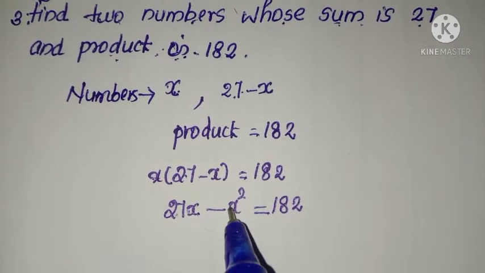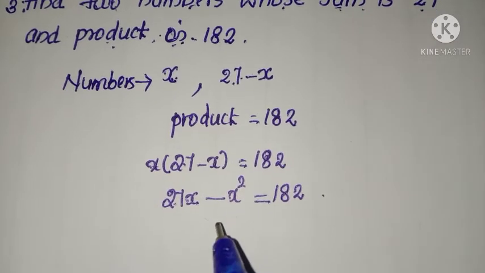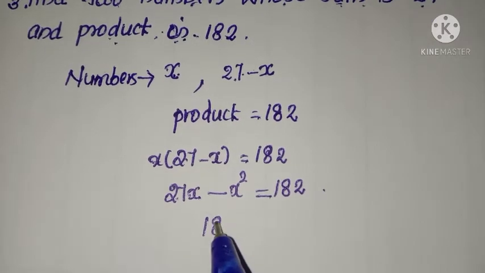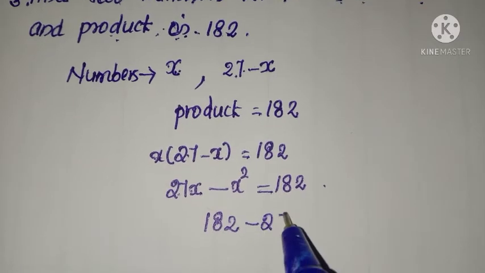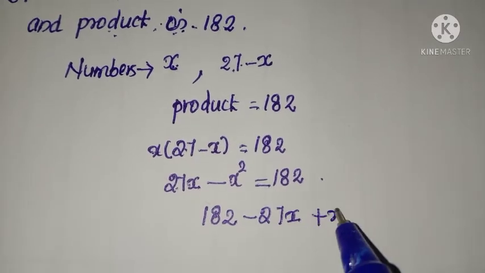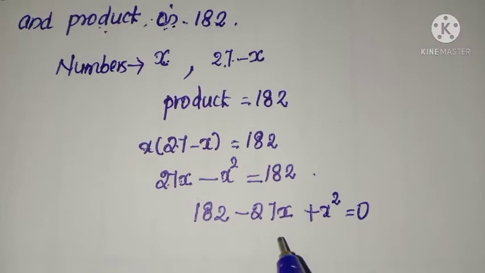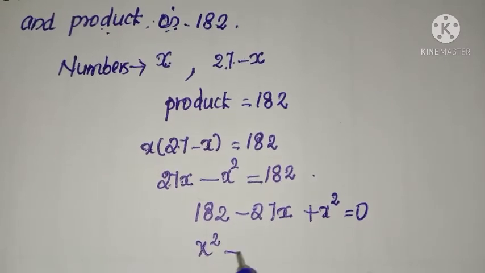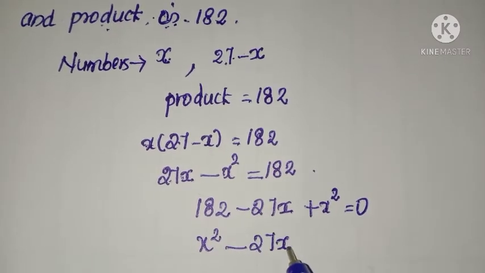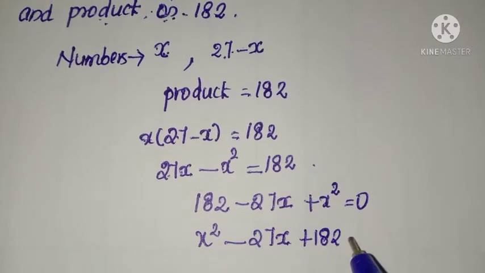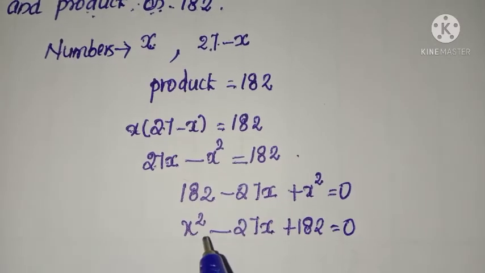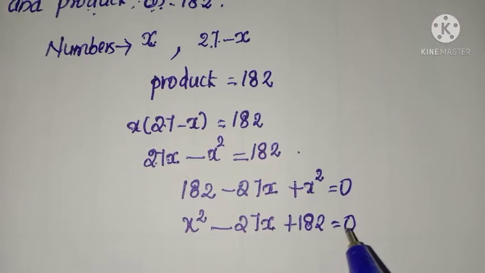Now take all these terms to the right side. So this becomes 182 minus 27x plus x square equal to 0, or x square minus 27x plus 182 equal to 0. So this is our quadratic equation.